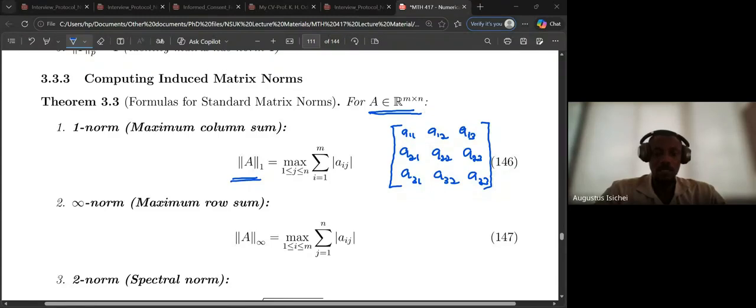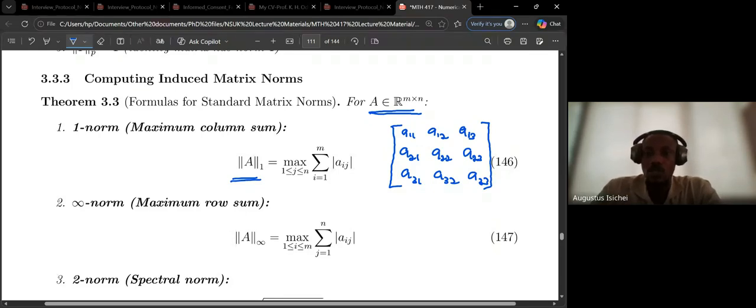So I wanted to expand this particular norm that we've just looked at, so that you understand this symbolic representation. In mathematics, we love to use symbolic ways to represent things. So what do we mean by the maximum of all the summations of a_ij? Look at it: we have a11, a12, a13. Don't forget that the matrix A is in R^(m×n).